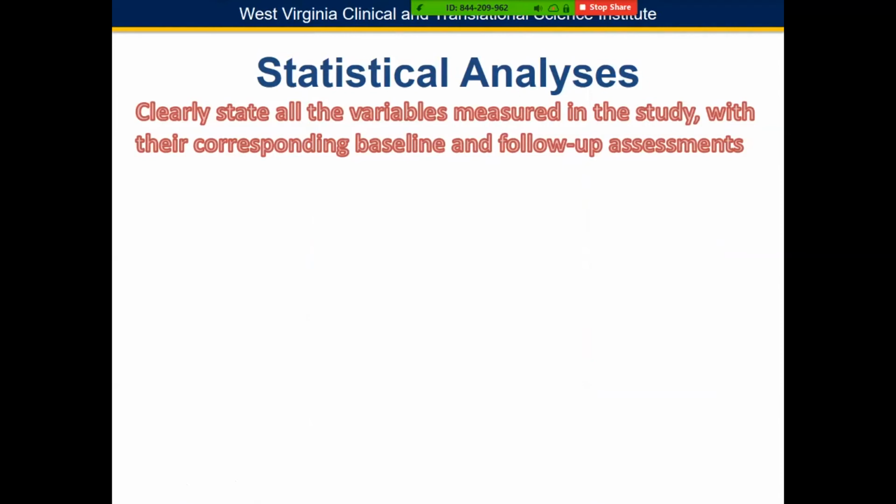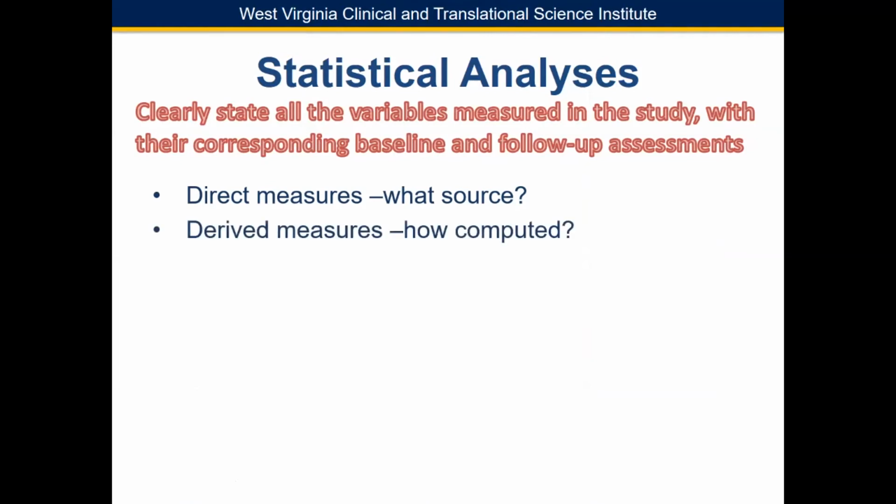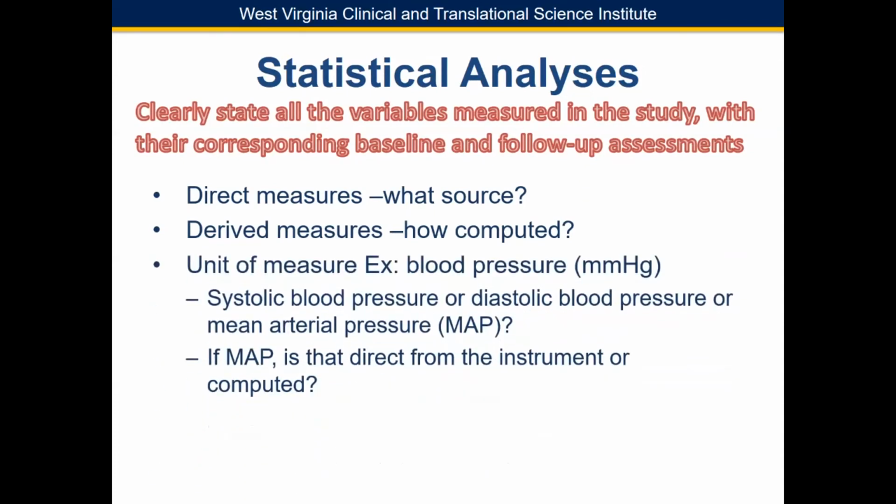Statistical analyses. So you want to clearly state all the variables measured in the study with their corresponding baseline and follow-up assessments. So what are the direct measures? What's the source? What are the derived measures? How is it computed? You want to make sure you have your unit of measure. For example, if you're doing blood pressure, you want to make sure you have your mmHg there, right?